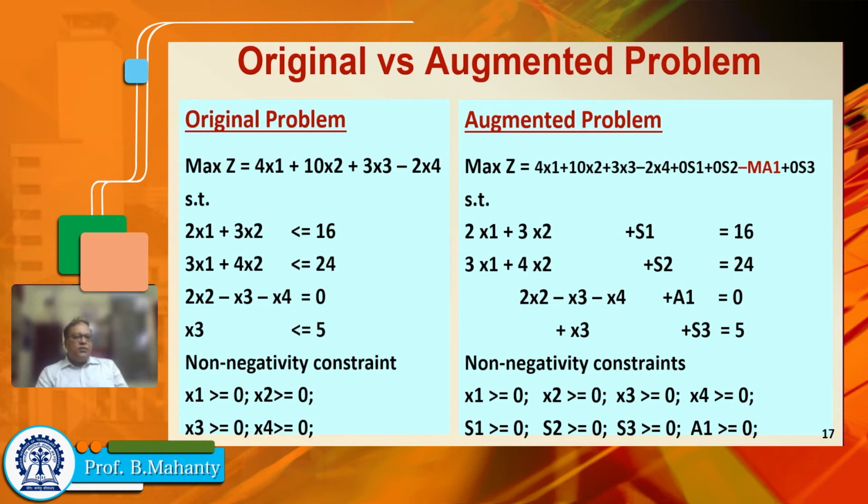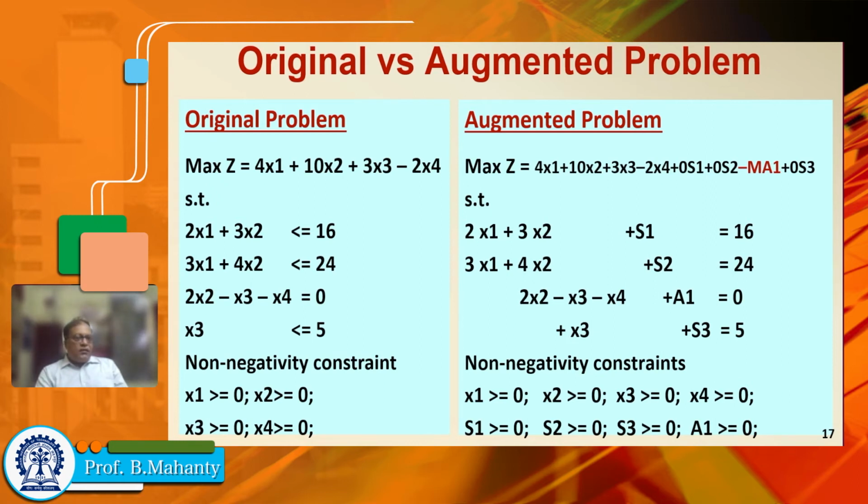So the current solution is x2 equal to 2, x3 equal to 2 and x4 equal to 2. If you evaluate this, 10 into 2 is 20, 3 into 2 is 6, so 26, 26 minus 2 into 2, 4, so 22. It is evaluating to 22. So this is one solution, but supposing the best possible thing that may result is x2 equal to 2, x3 equal to 4 and x4 equal to 0.